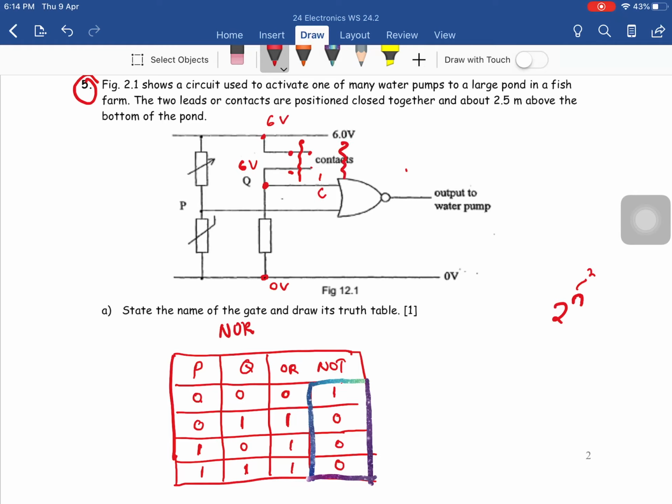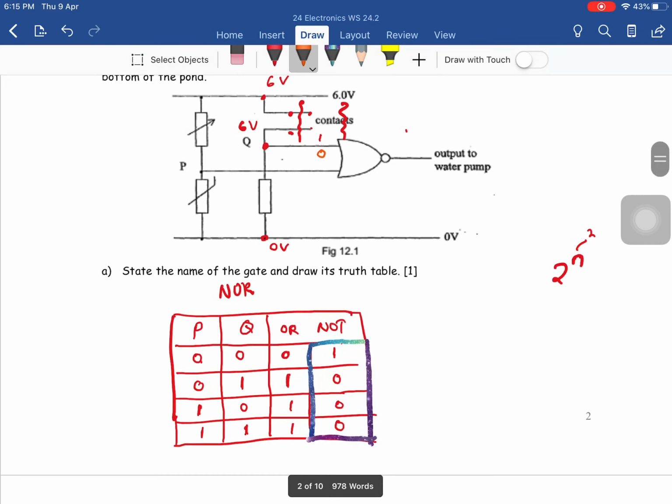So when it's low, over here should be 0. Let's change that. Okay, so we want the water level to be 0, and you want the temperature to be high, because when temperature is high, it means that maybe your water is evaporating or the water is getting hotter, and you don't want the water to be too hot, otherwise the fishes will die also. So you want to add water to it.